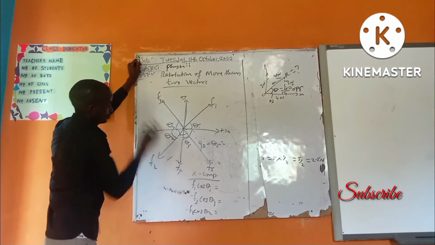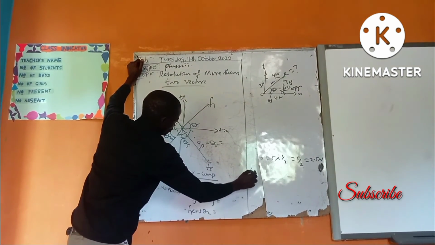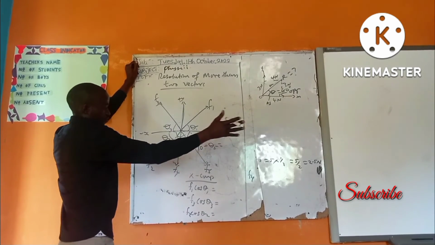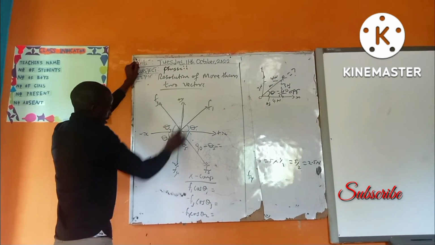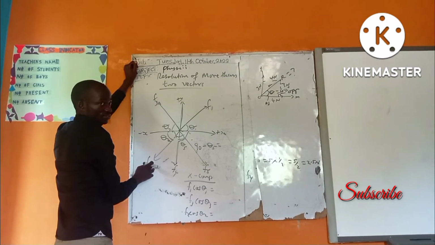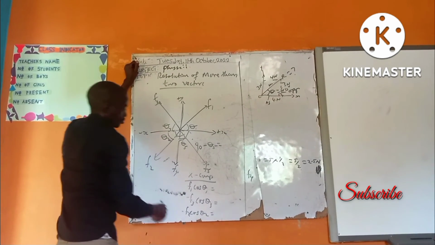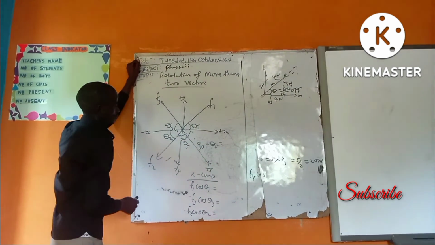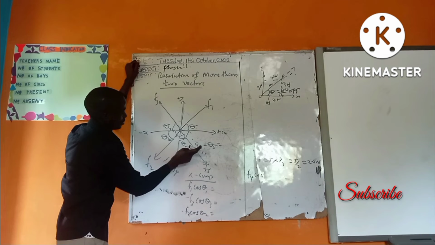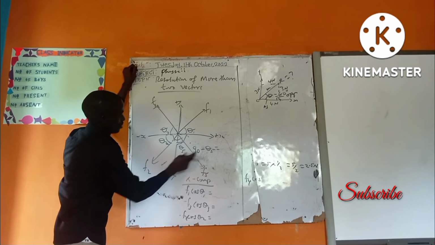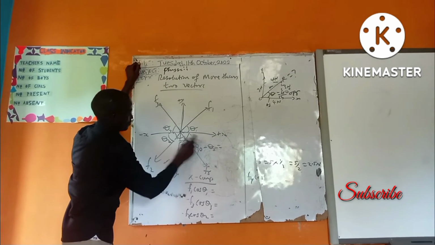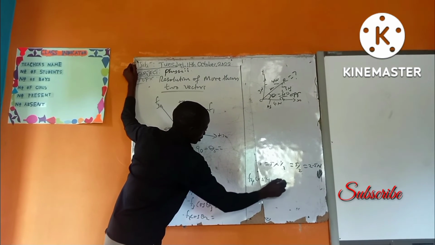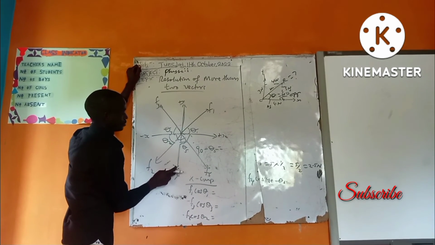Now coming here, you have F4, which is positive, right? This dividing line is positive. It's not negative. The dividing line is always positive. So you have F4 cos of 90 minus theta 5, for this angle.